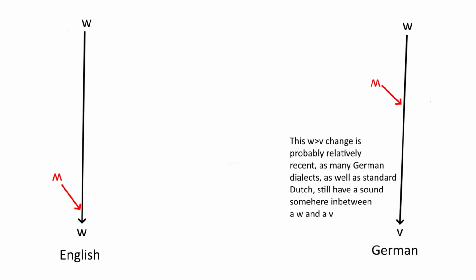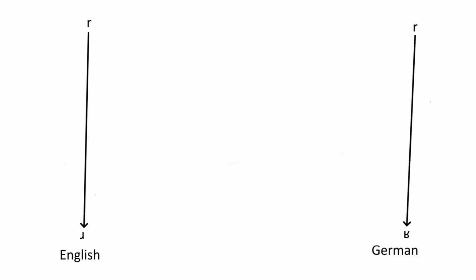Proto-Germanic w eventually became v in German, and is still spelled with a w, while English is essentially the only main Germanic language to retain w as w, so compare water and Wasser. Proto-Germanic alveolar r eventually became an approximant r in English, and possibly due to French influence, a uvular r in Standard German.